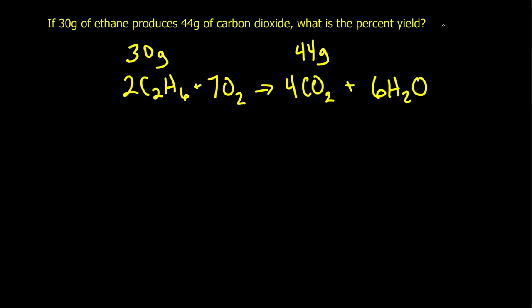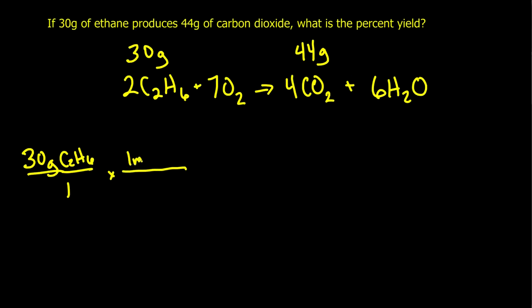So we need to figure out what is our theoretical value. So we got to do some regular stoichiometry: do a mole conversion, mole ratio, and then convert back to grams, or back to mass. So we got 30 grams of ethane. Put that over 1. I need to change grams to moles of ethane.